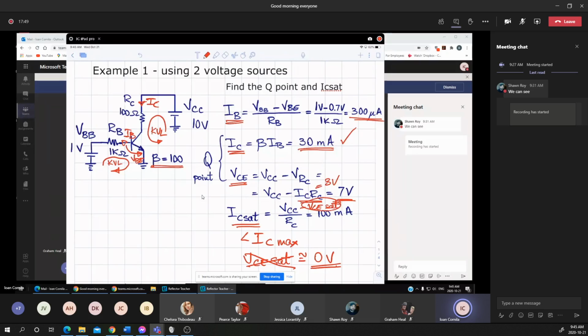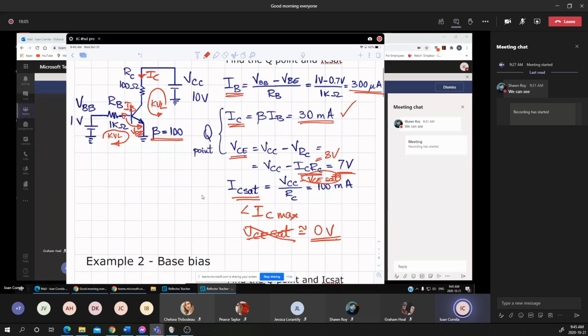The saturation current, which is defined as the maximum current that can flow through the resistor in this circuit, again has to be less than the IC max, which is the maximum current that flows through a transistor. Now, I will try to recall the characteristics of the transistor and plot them below.